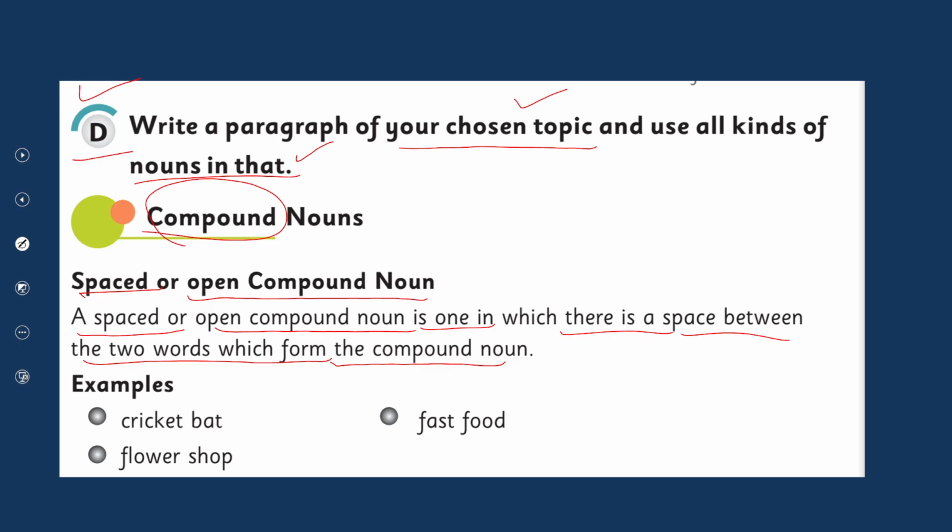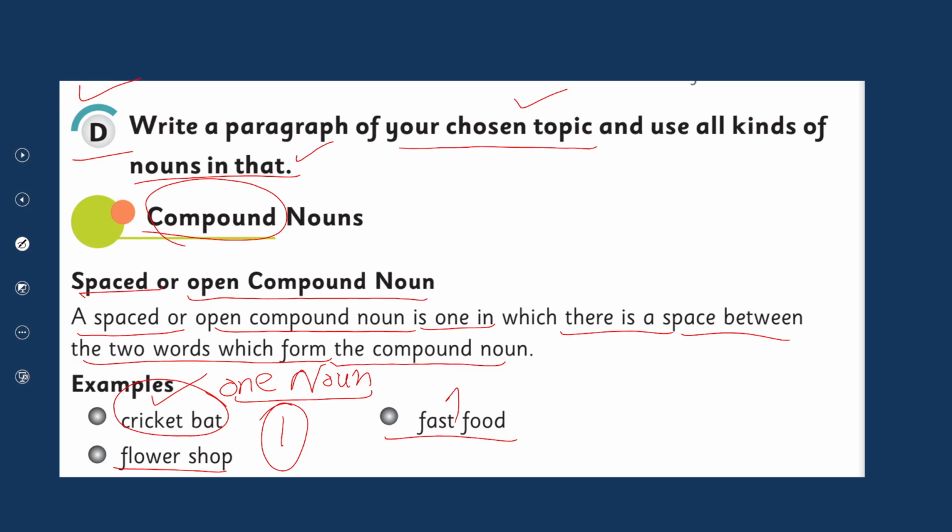It means that they are working as one noun, but they have two words, two nouns. Cricket bat, flower shop, fast food.